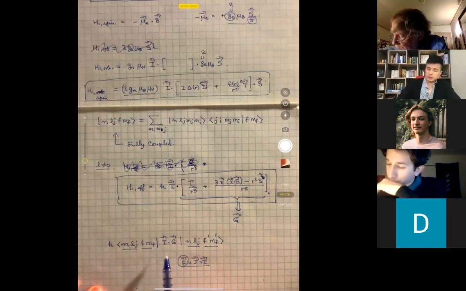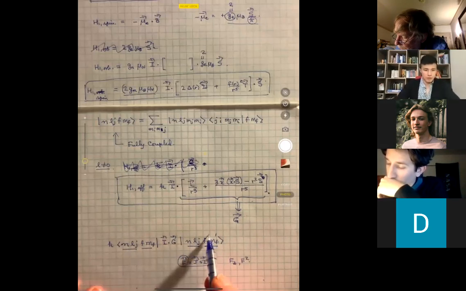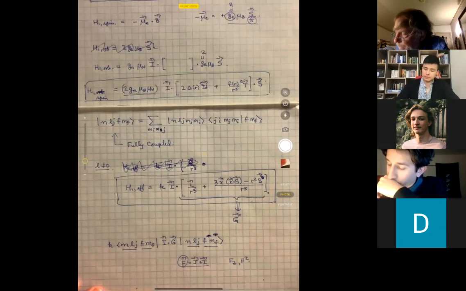And what that means is that this operator I dot G commutes with all three components of F. It therefore commutes with F sub Z and also with F squared. And so for that reason, this matrix element is diagonal in the quantum numbers F and MF, and I can remove the primes there.